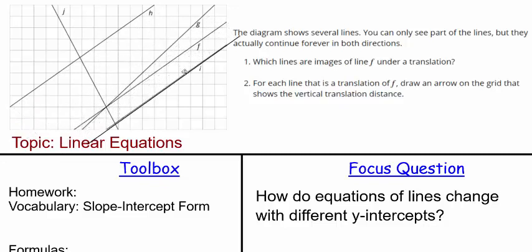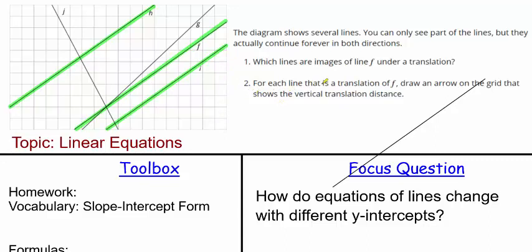And line I looks like it matches up also. So we have two other lines that match up. We have line I, we have line H, and we have line F that all line up.